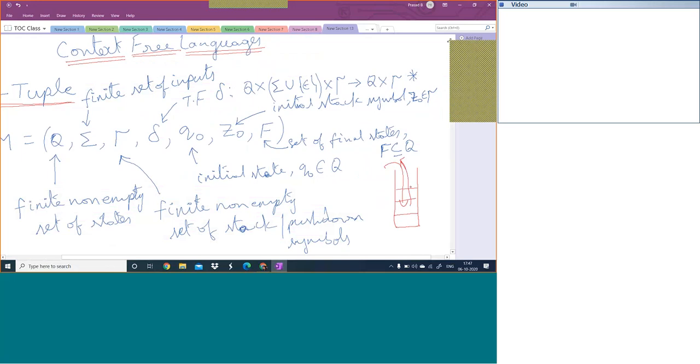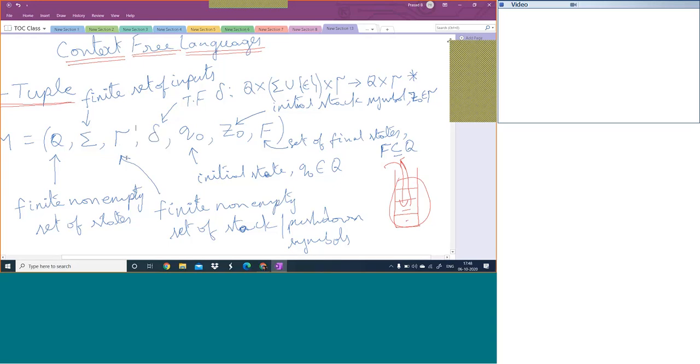So whatever the elements we are pushing and popping, all these symbols are called push down symbols or stack symbols. All the symbols we use in the stack will be in tau. Okay, so tau is the set of stack symbols.